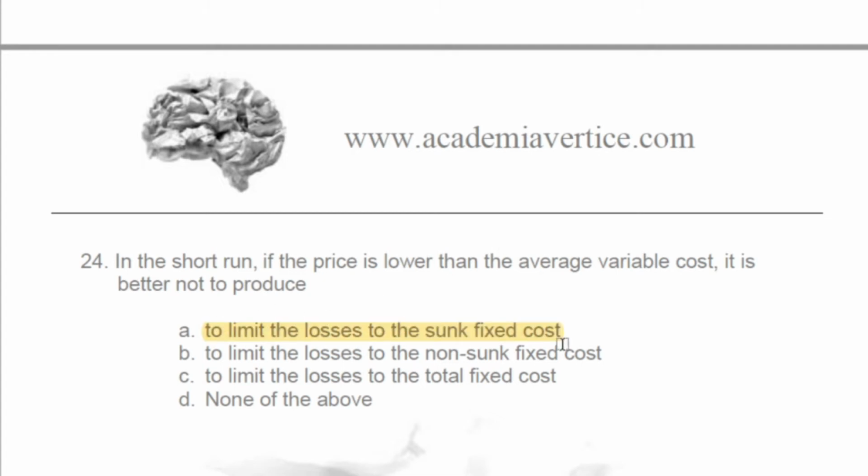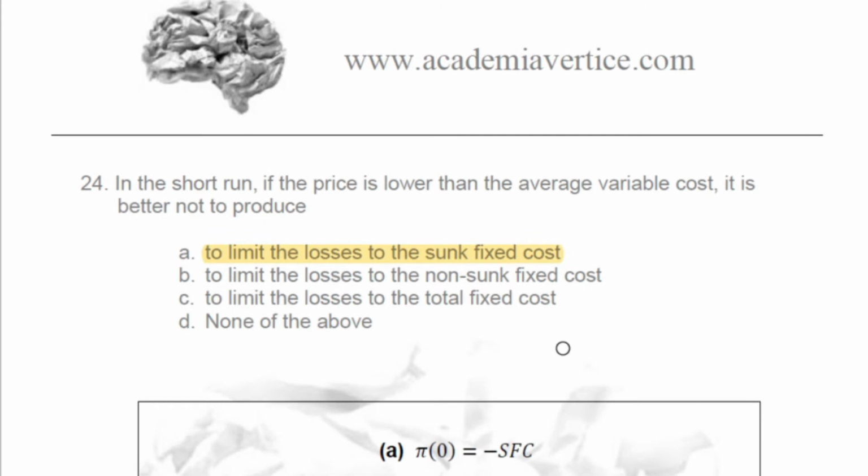If I don't produce and maybe a part of my fixed costs are non-sunk, I will not have to pay them if I don't produce. But the sunk fixed cost I will have to pay yes or yes. So what I do have to take care about is to lose less than this sunk fixed cost.